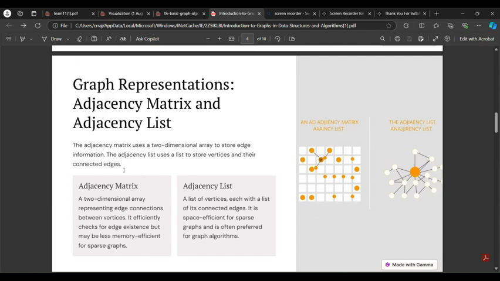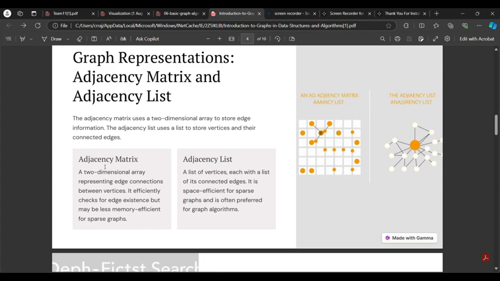So the adjacency matrix is a two-dimensional array representing the edge connections between vertices. The adjacency list is a list of vertices, each with a list of its connected edges.